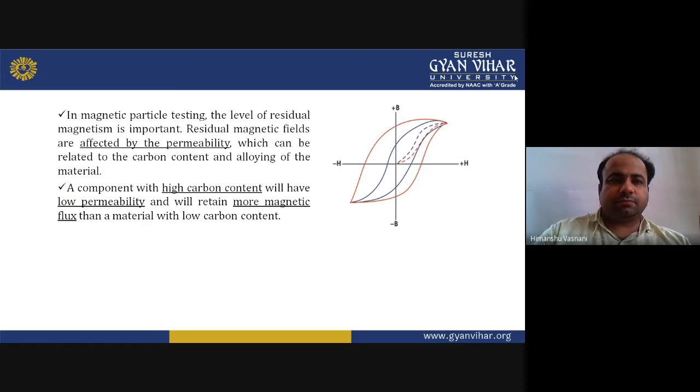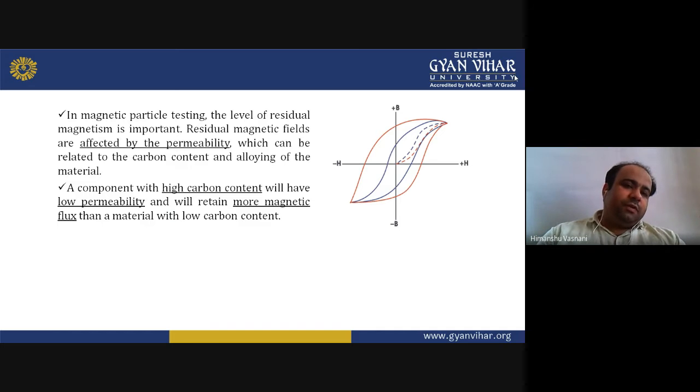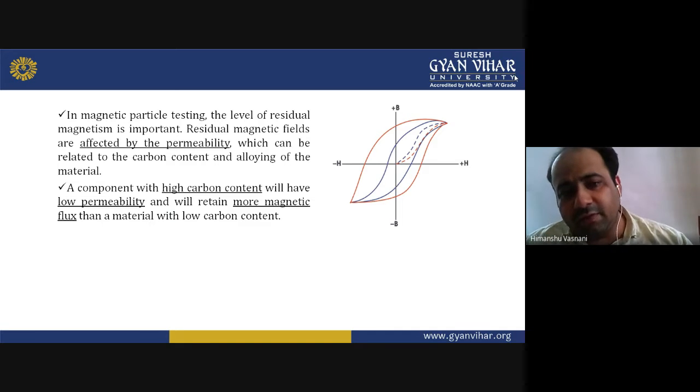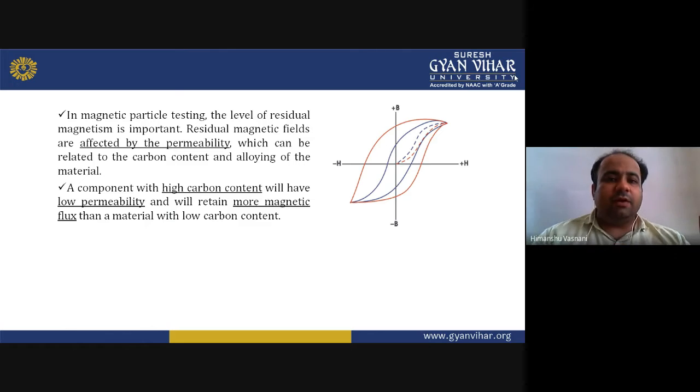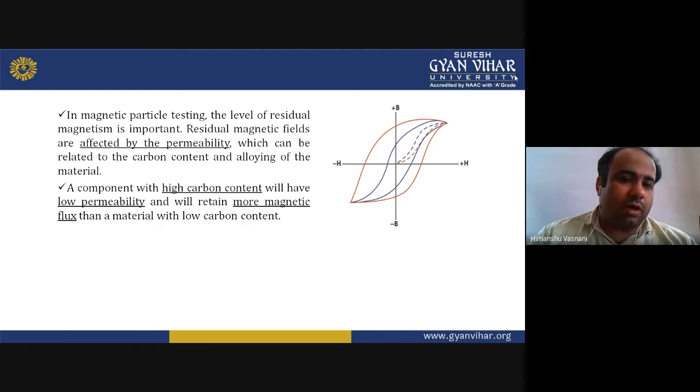Now in magnetic particle testing, the level of residual magnetism is important. Residual magnetic fields are affected by the permeability, which can relate to the carbon content and alloying of the material. So a component with high carbon content will have low permeability and will retain more magnetic flux than a material with low carbon content.